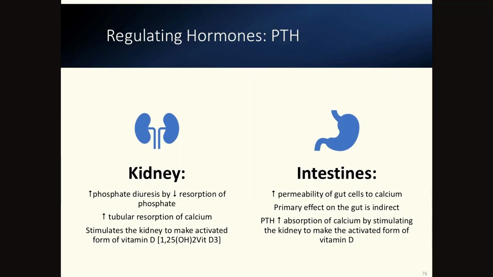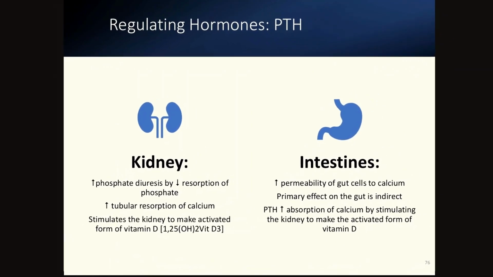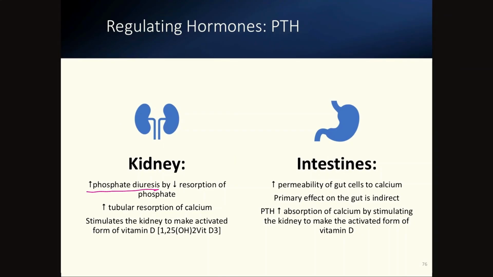So what does PTH do in the kidneys? Increase phosphate diuresis by decreasing the resorption of phosphate. Why is that important that PTH does this at the kidneys? When PTH has its effect on the bone, is just calcium released? Calcium and phosphate are both released into the bloodstream.